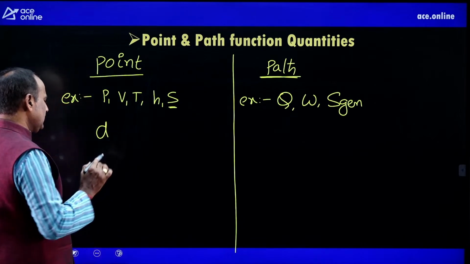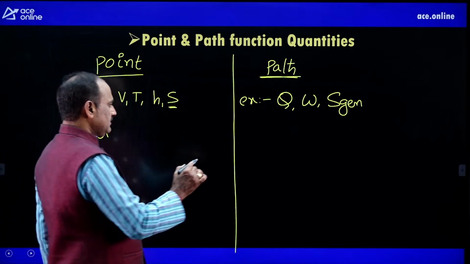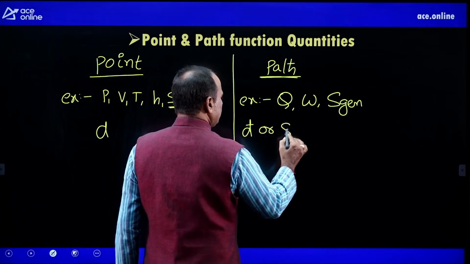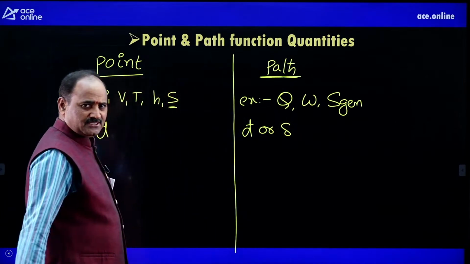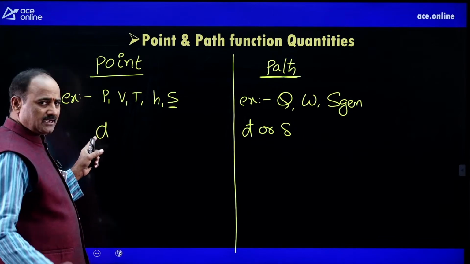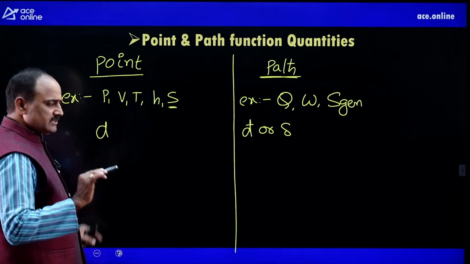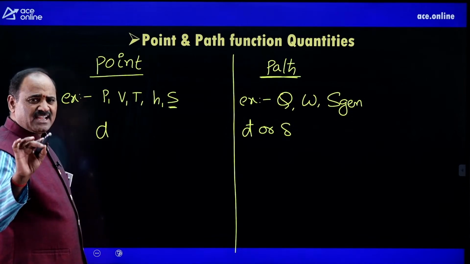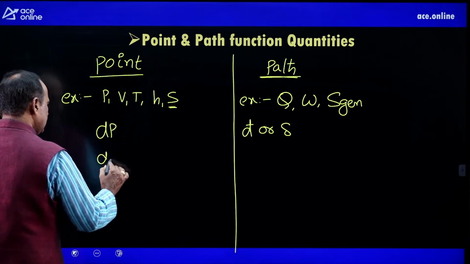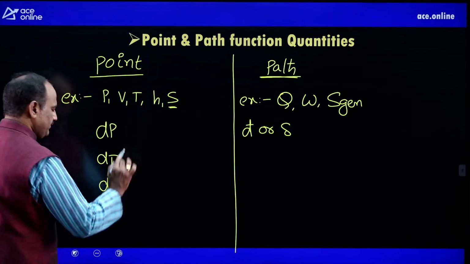You know, mathematically, d is used for exact differentiation, d bar or del is used for inexact differentiation. All point function quantities are operating with the exact differential d. Therefore, all point function quantities are coming under exact differentials like dp, dT, ds, dh, etc.